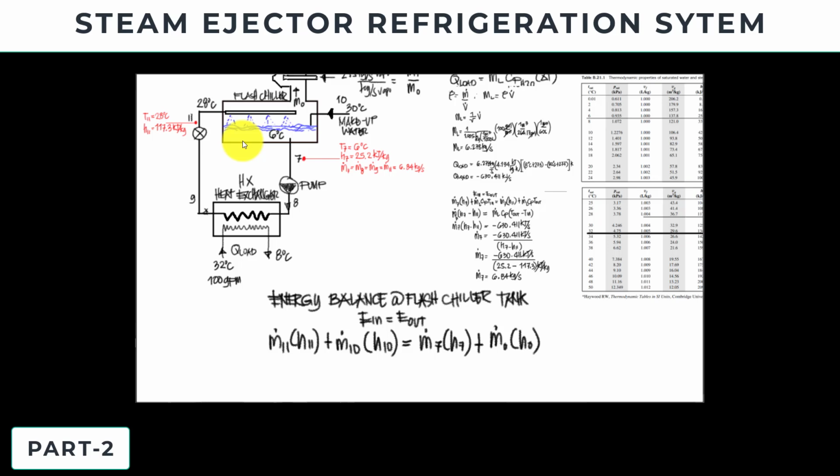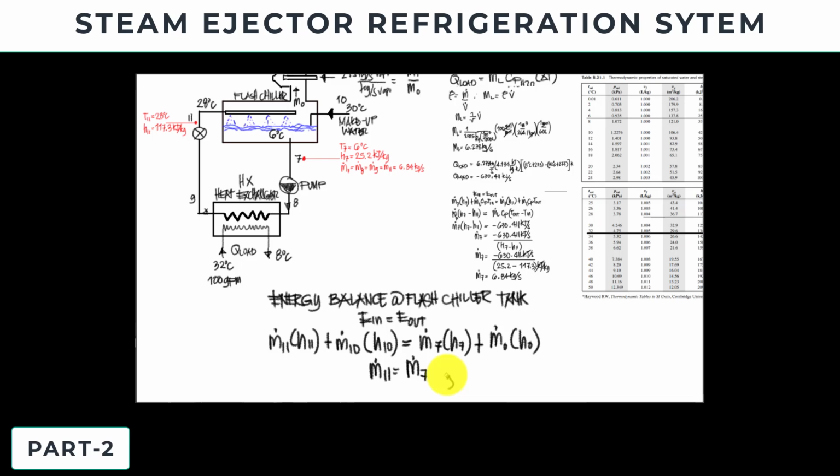Now, the mass flow rate 11 and 7 are equal. So from our statement previously, since we don't have the other exit point, but just only one exit point, they are equal. So we can say here that mass flow rate 11 is equal to the mass flow rate 7.